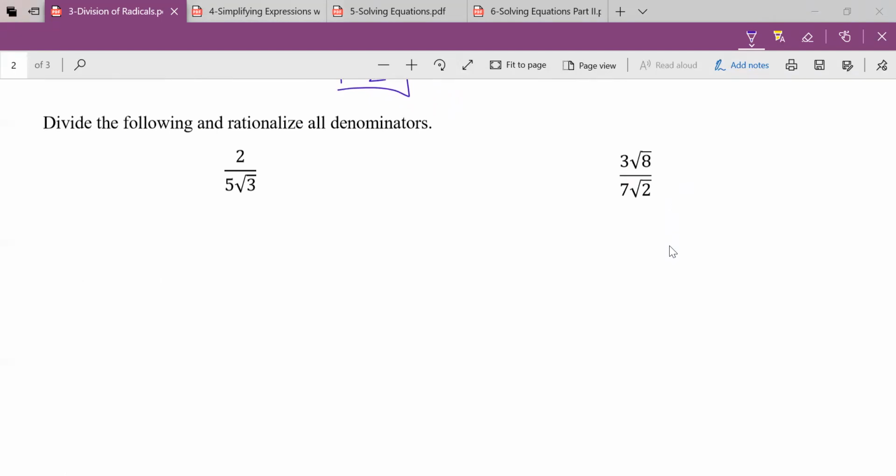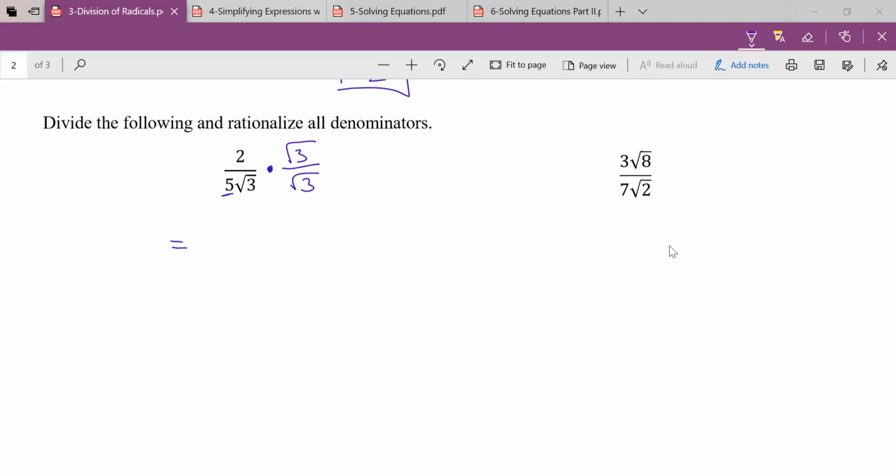So to divide the following and rationalize, what I'm going to say first off is there's nothing I can divide. So just like with multiplying, we're going to go coefficients with coefficients and radicands with radicands. There's nothing I can divide here. So I need to rationalize. So I'm going to multiply numerator and denominator by root 3. Notice I didn't include the 5 because I don't care about that 5 there.